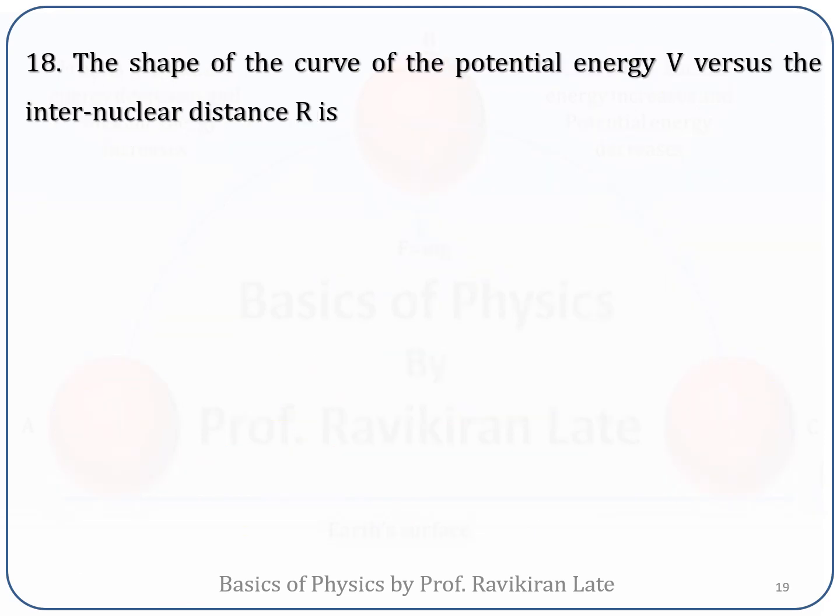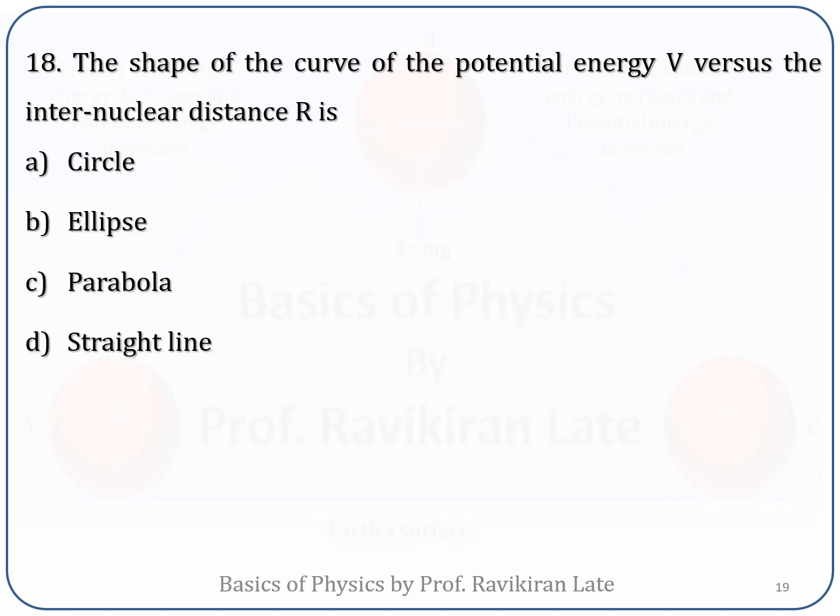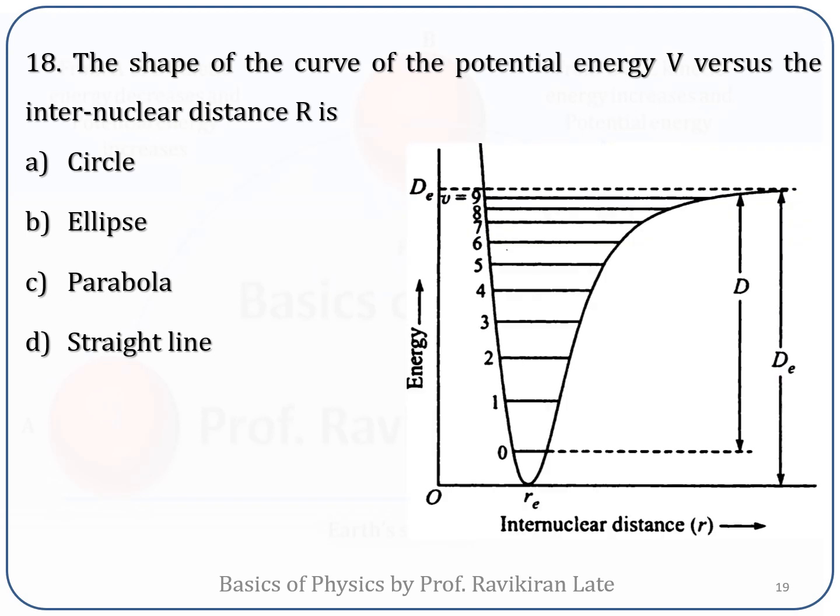The 18th question is, the shape of the curve of the potential energy V versus the internuclear distance R is: option A circle, option B ellipse, option C parabola, option D straight line. All of us know the potential energy curve for a harmonic term has the mathematical expression U equals 1/2 kx squared.